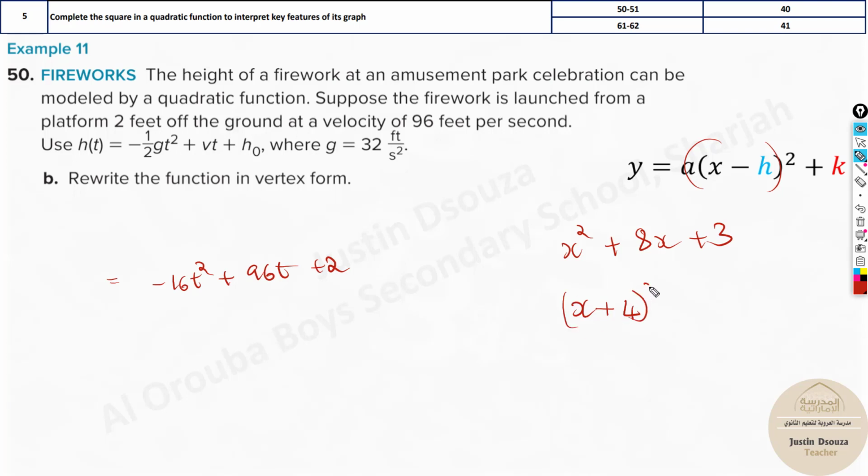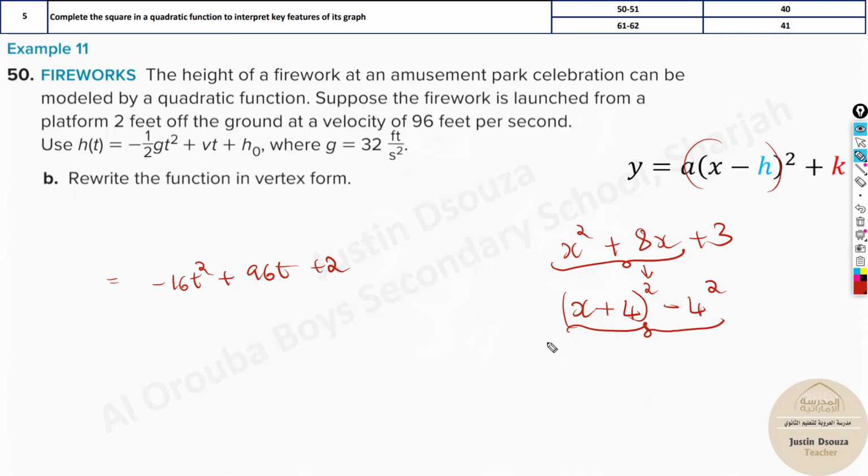Now the whole square. Then it's not over. Plus 3. Before that, you must write minus this number squared, 4 squared. So this much is equal to what I've written. These both are equal. I'll prove it to you.